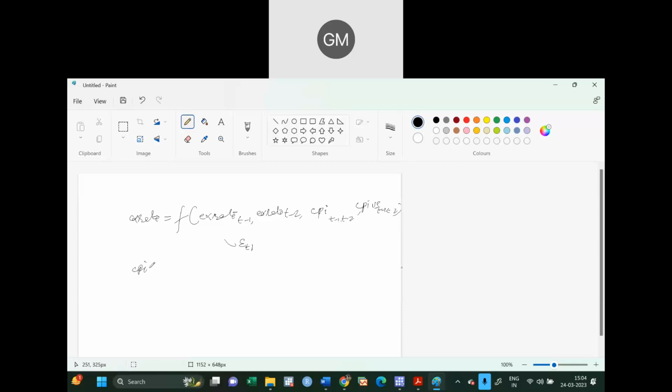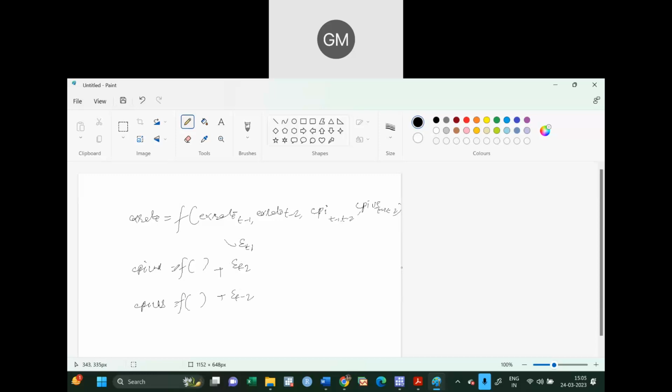And similarly, for CPI India you get epsilon T2, and CPI US as a function of the same, you get epsilon T3.